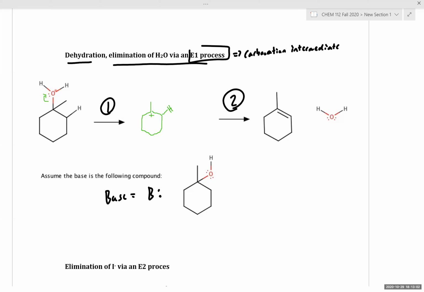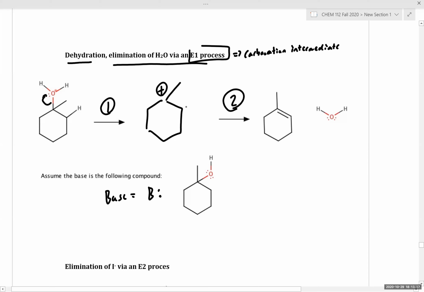Perfect, perfect. So just to draw that first step out, so we have our leaving group. Let me make it easier for the annotations to be added. So our leaving group leaves, and we're left with our carbocation intermediate.